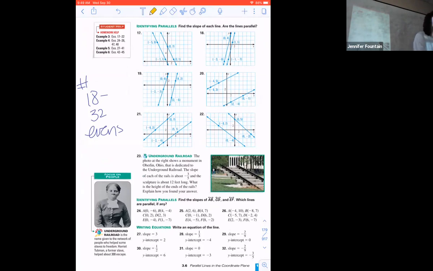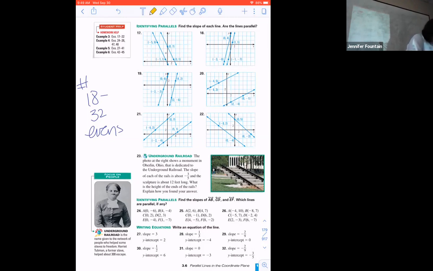The second one, the slope is 4, so they are parallel. Number 20, one line is 1/2, the other line is 1/2, so they are parallel. 22, one of my lines is negative 3/4 and the other one is negative 7/8, so they are not parallel.